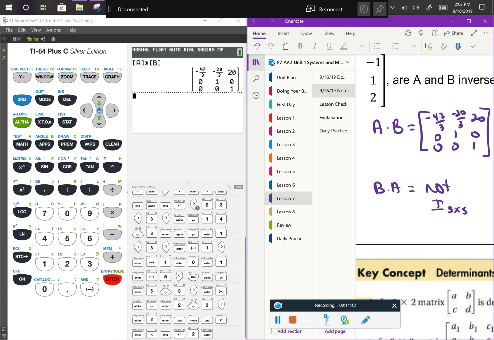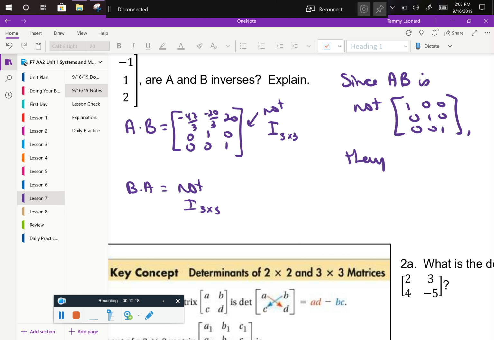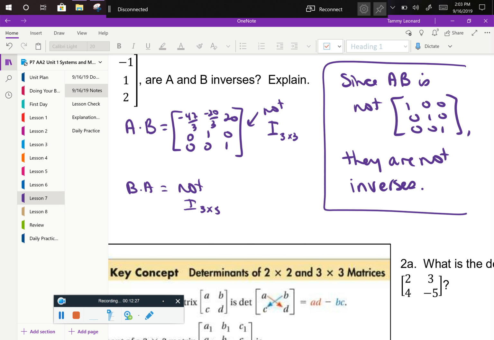So you wouldn't even waste your time doing B times A. You would just say, since AB, the product of matrix A and B, is not the identity matrix, they are not inverses. So that would be my answer, but I would have work to back it up. Are we okay?